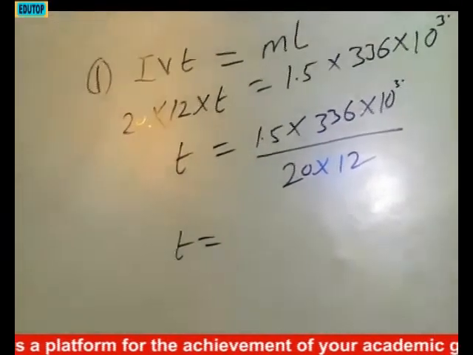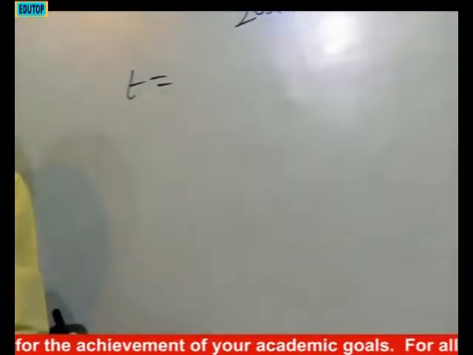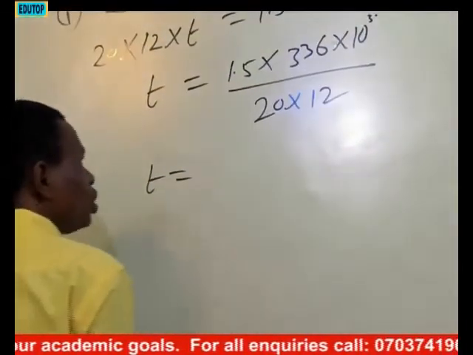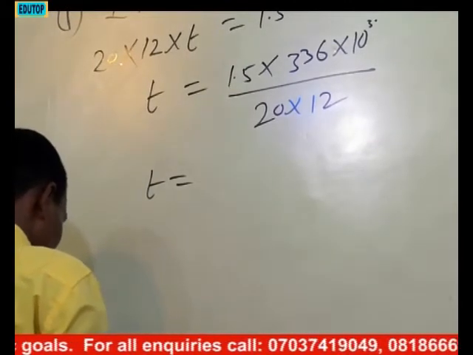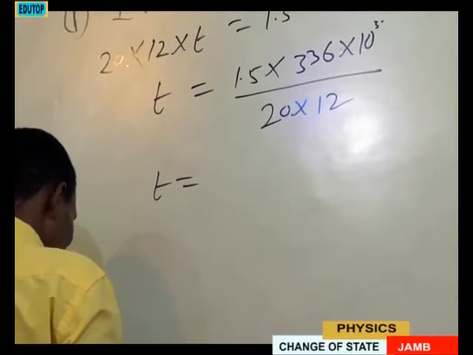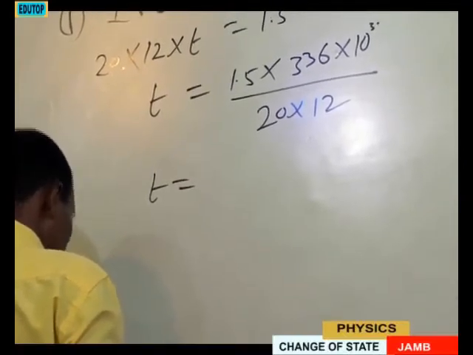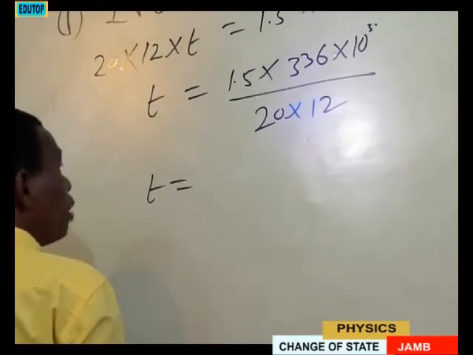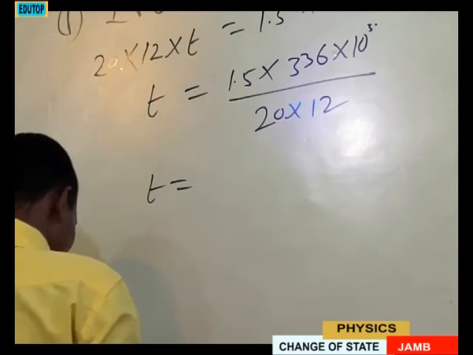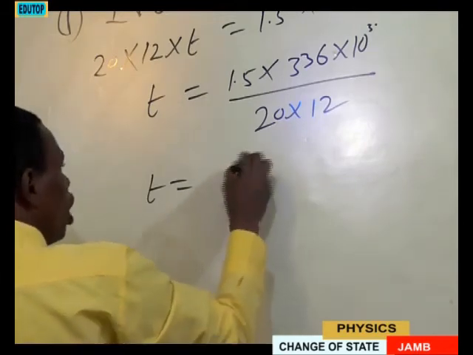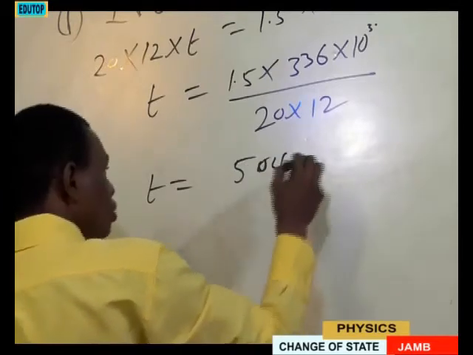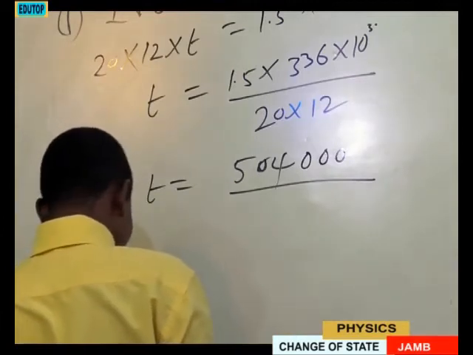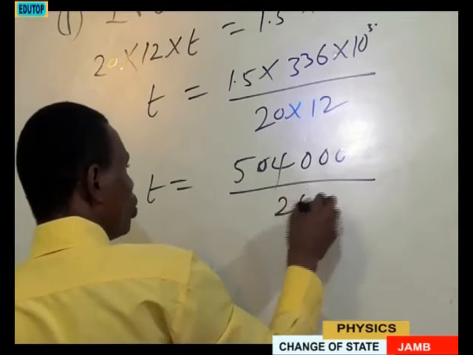If we multiply all this together, 10 raised to power 3 is 1000. Multiplying 1000 by 336 and by 1.5, we have 504,000. Then 20 times 12 gives us 240.